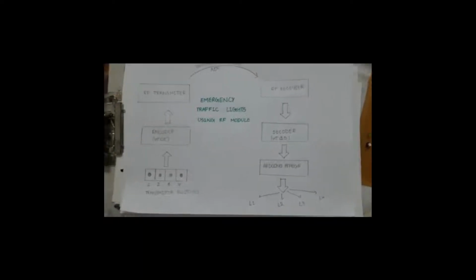Now, why are the encoder and decoder used? They basically convert parallel data into serial data. So what is parallel data and serial data? In serial transmission, the data is sent bit by bit, one after another.